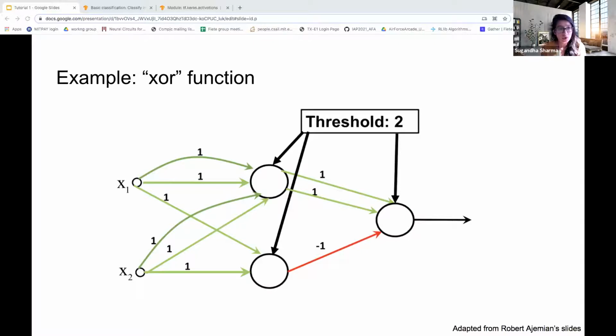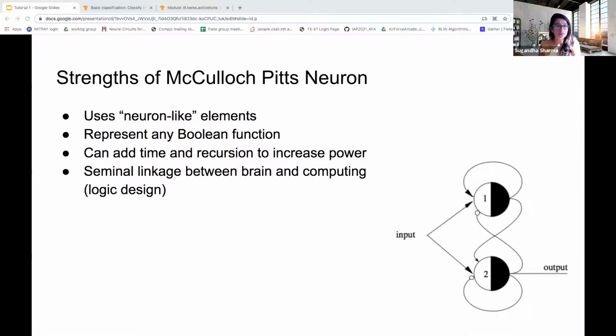So overall, if we look at the strengths of this model, we see that it ended up using neuron-like elements. It was inspired by the biological neuron model. It can represent any Boolean function. And we can potentially have recurrent connections even in this simple model, so that we can add time and recursion to increase the power of the network to enable it to represent more complicated functions.